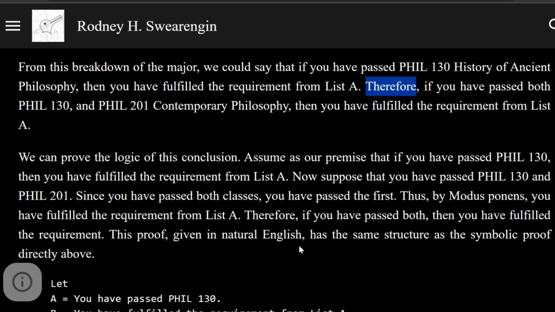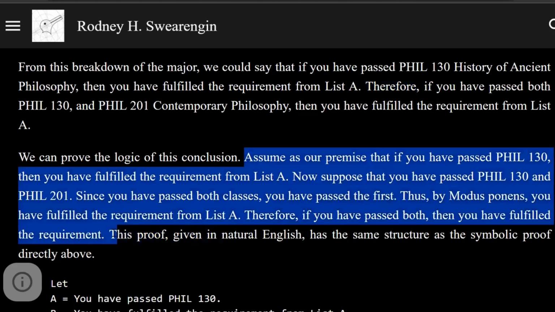And this natural English argument maps directly onto the structure of the argument from the previous example.